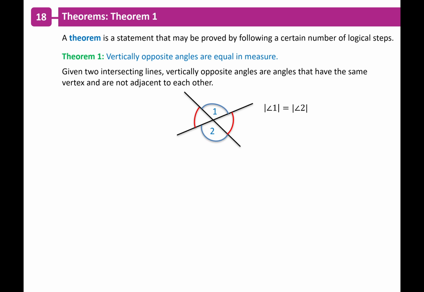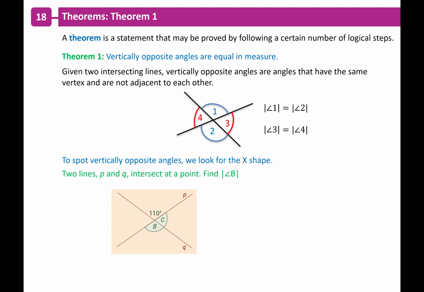These two angles are also opposite each other as they have the same vertex and are not adjacent to each other. Let's call them angle 3 and angle 4. These angles are opposite each other in an X, which means that angle 3 is equal to angle 4. To spot vertically opposite angles, we look for the X shape.